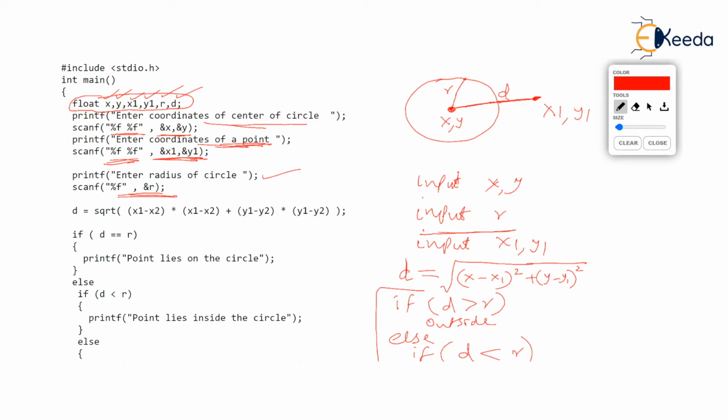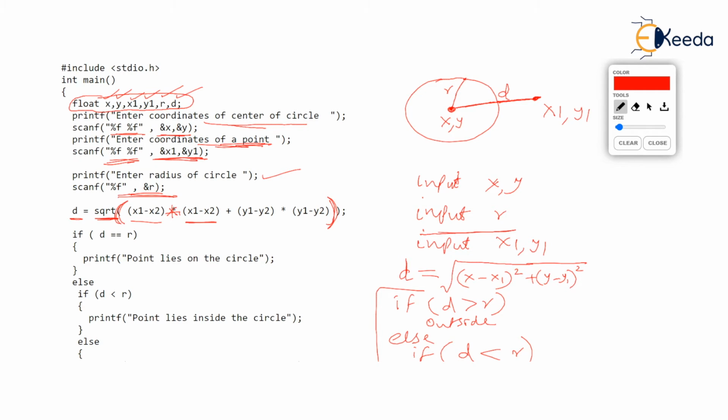Now using the sqrt square root function, we will find out the distance. The square of x1 minus x will be written as (x1 minus x) into (x1 minus x), because there is nothing called raised to in C language. So you can't do a raised to operation. You will have to multiply it. So r square has to be written as r into r.